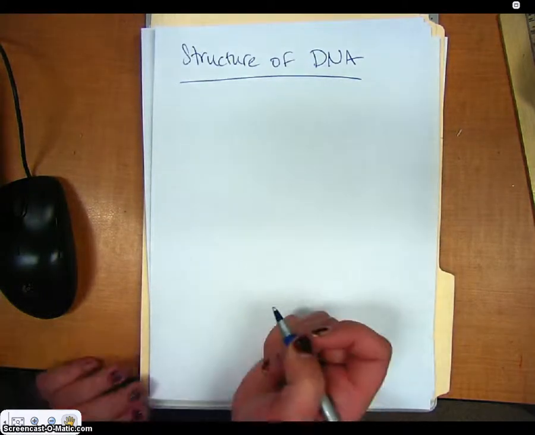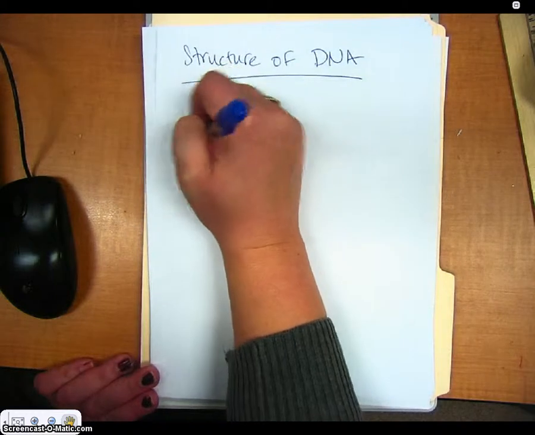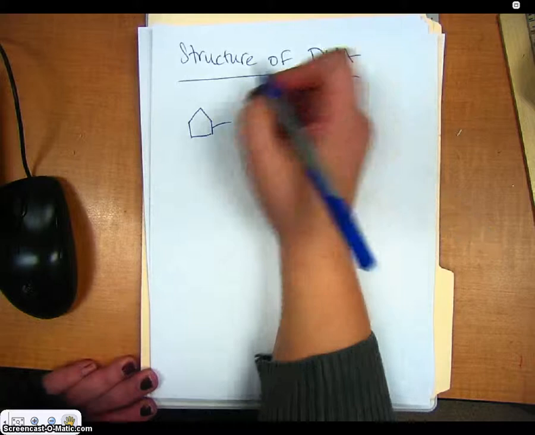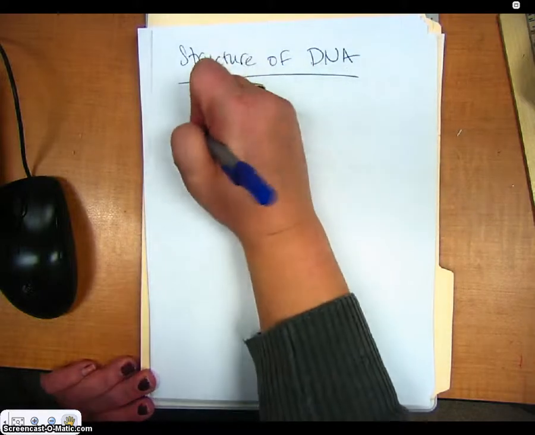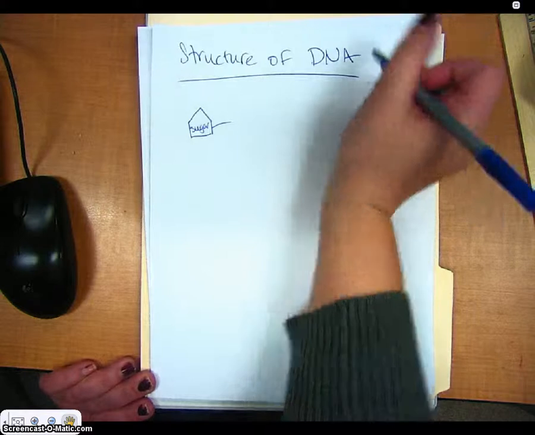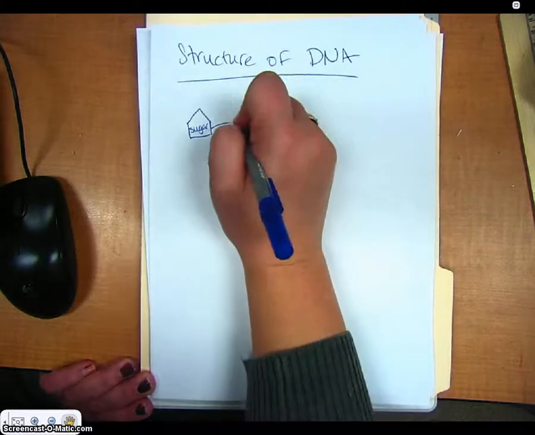So I'm just going to start by drawing one side of the DNA and showing the parts. So there are three parts of each nucleotide. There is a sugar, and in this case it's a pentose or a five-sided sugar, and it's deoxyribose sugar, and that's where the DNA part comes from.